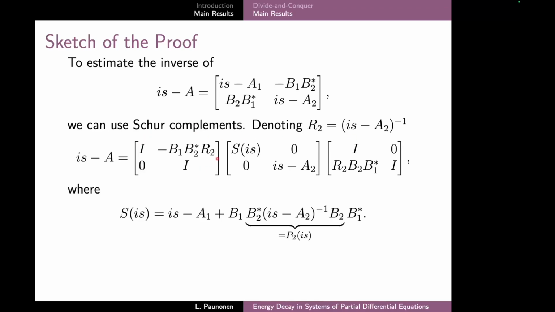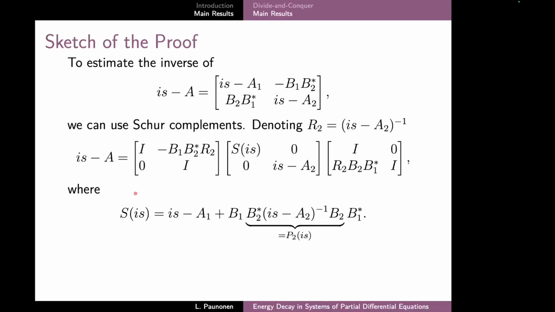And here the outer two triangular block operators are invertible, and similarly sI minus A2 in the diagonal block operator is invertible. Because of this, the invertibility of sI minus A is determined by the invertibility of this Schur complement S here.